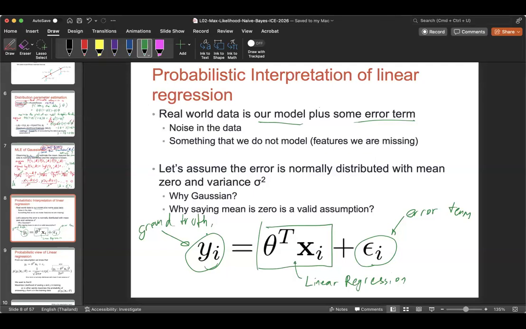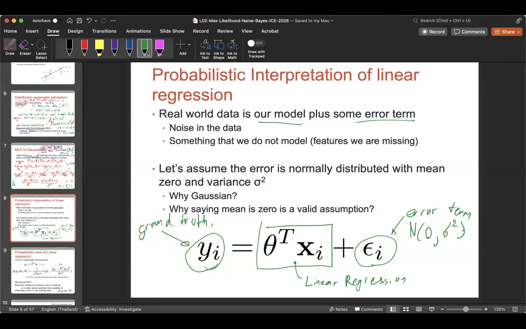And here we're going to make some assumptions. First, we're going to assume that the error term is Gaussian. It's a normal distribution with mean 0 and some variance. So first, let's think about this assumption a little bit.